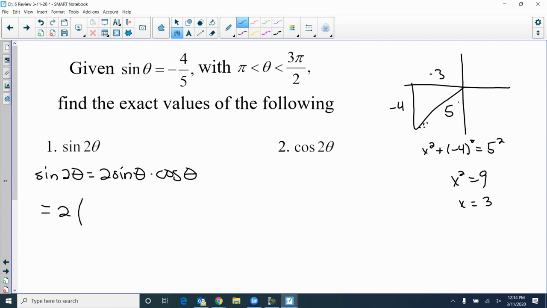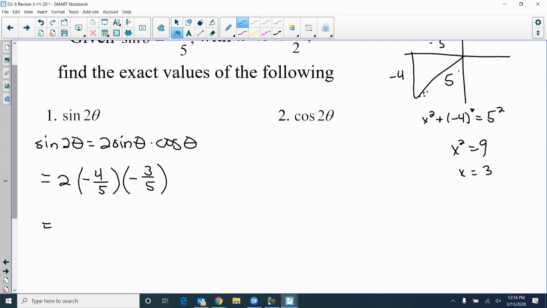What's sine of theta? -4/5. Cosine of theta is -3/5. Just multiply it together. Make sure the 2 does not multiply both the numerator and denominator, only the numerator. So 2 times -4 times -3, -24/25.